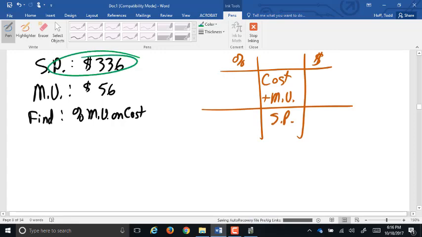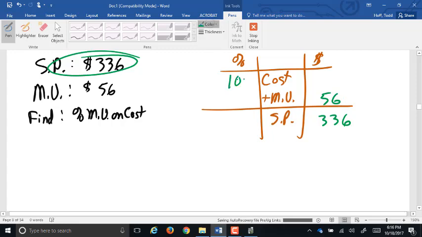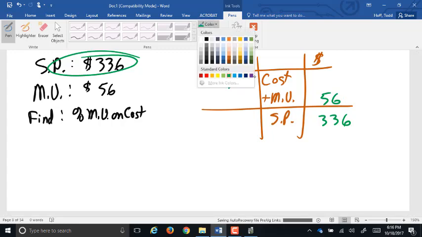Where's the 336 go? Dollar amount of selling price, yes. What's next? $56 goes in the dollar amount of the markup. 100 goes in the percentage of cost.